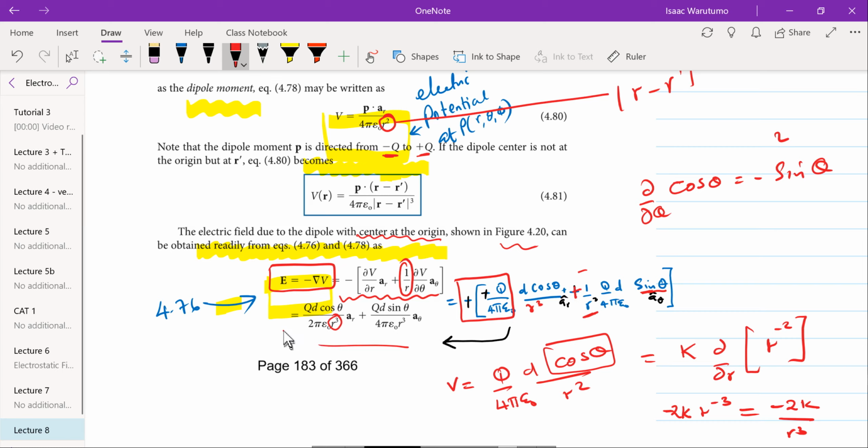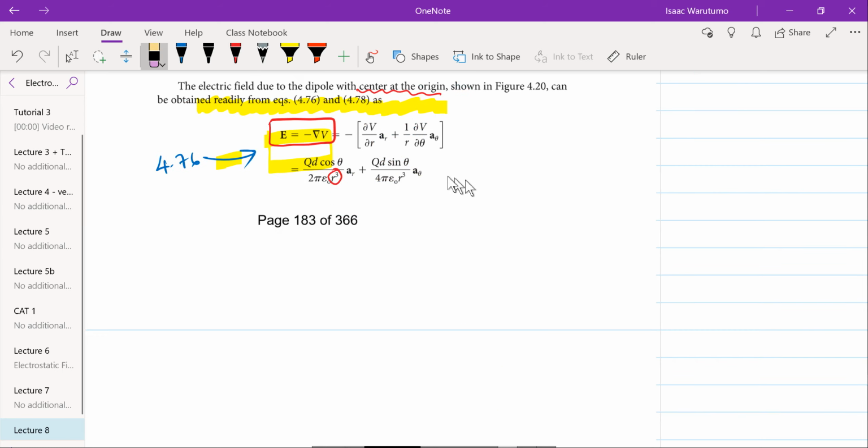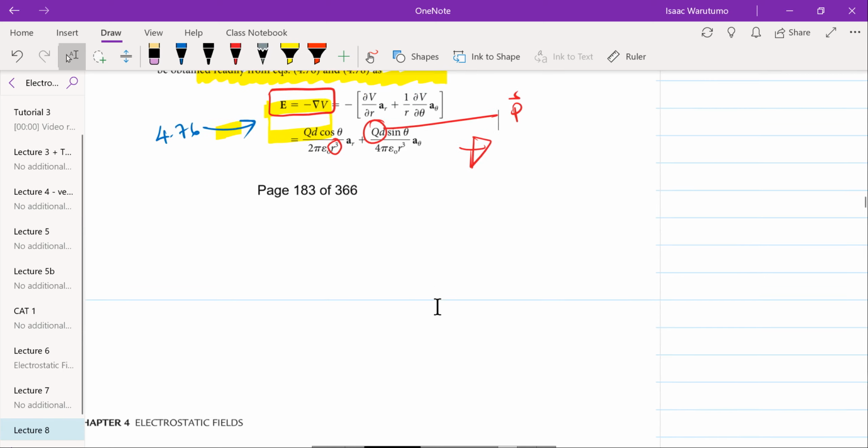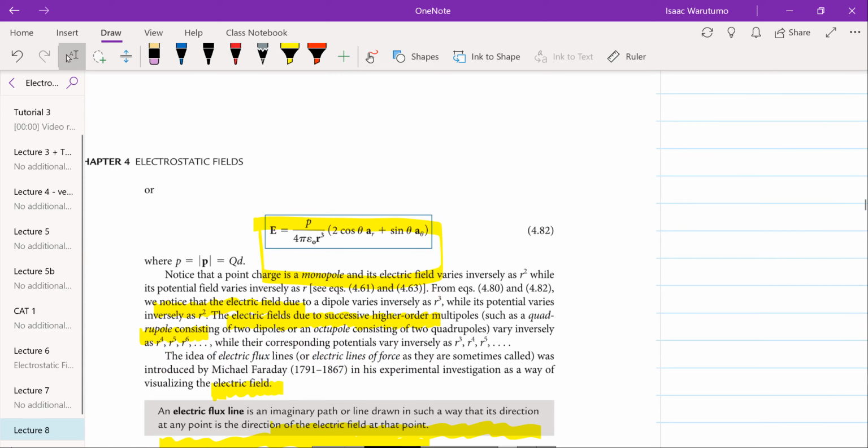So that is how we obtain this equation. As you can see, we can factor out QD here, and QD we said is equal to P, the dipole moment. When you factor it out, we are left with an expression that takes this form, the one labeled 482.